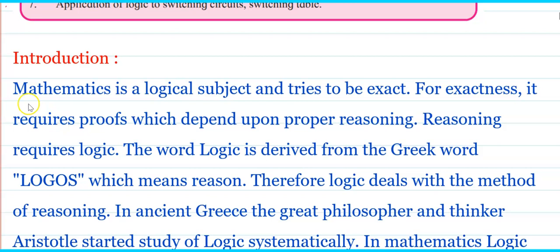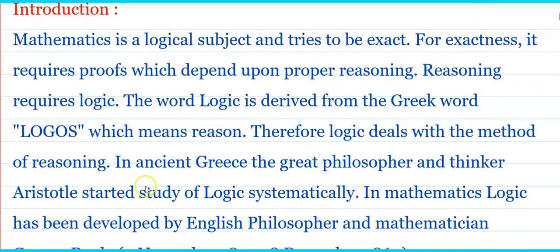Introduction. Mathematics is a logical subject and tries to be exact. For exactness, it requires proof, which depends upon proper reasoning. Reasoning requires logic. The word logic is derived from the Greek word logos, which means a reason, and therefore logic deals with the method of reasoning.